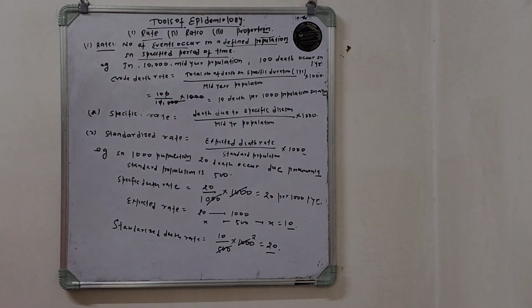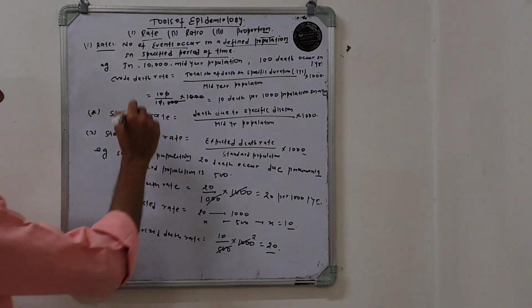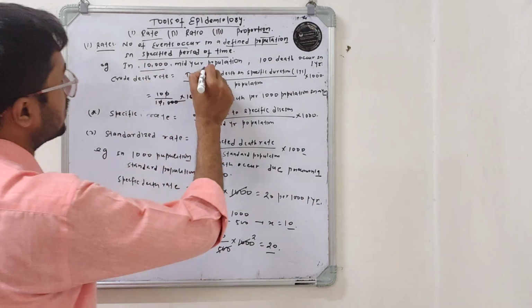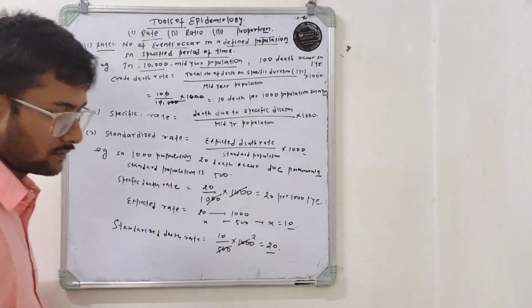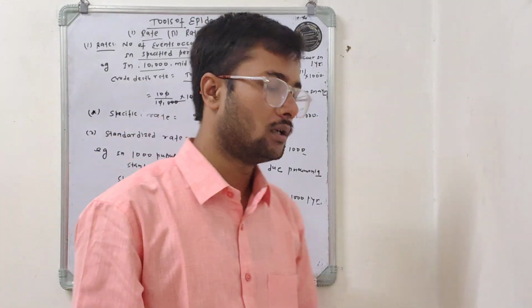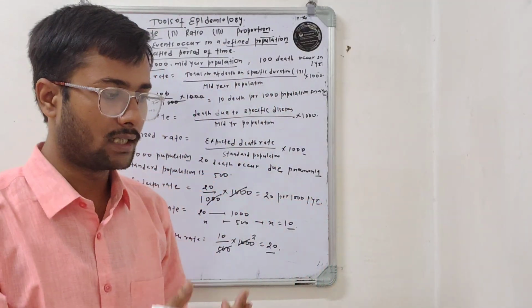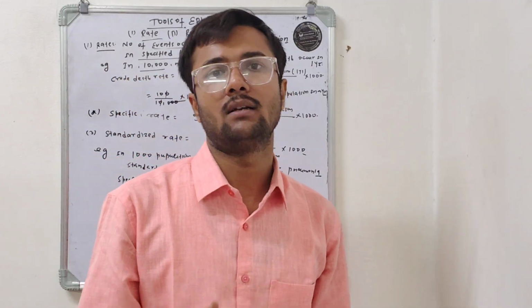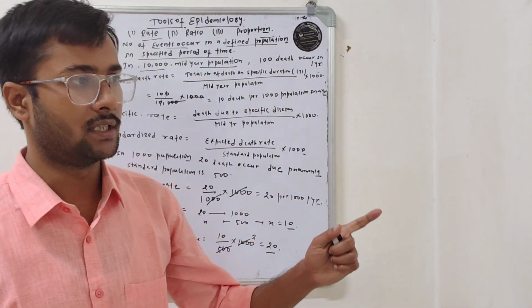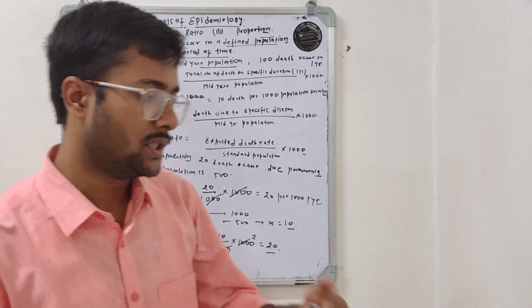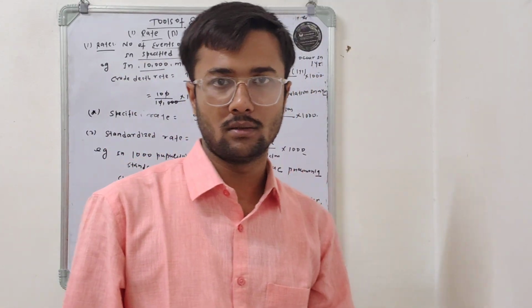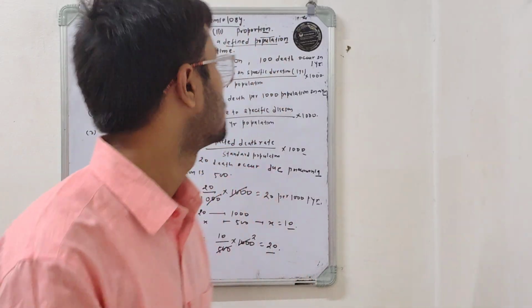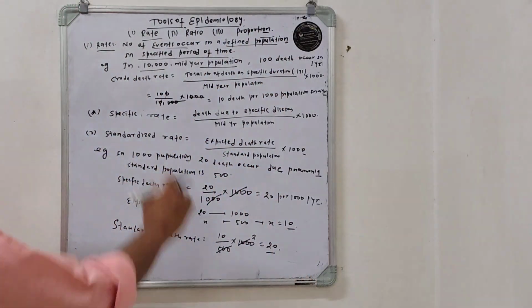It is called rate. For example, let's suppose a population having 10,000 mid-year population. What is the meaning of this mid-year population? Mid-year population means the population at the middle of the year. I mean, if we start the study from 1st January, then the population in the month of June is called the mid-year population.